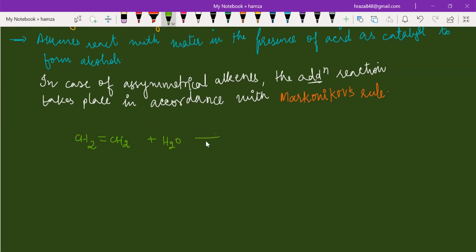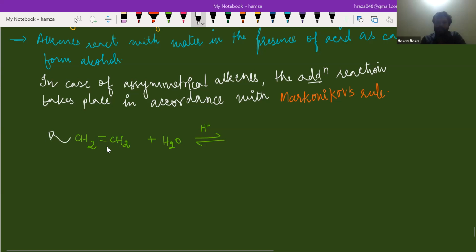What is the name of this alkene? This is an alkene, yes or no? Yes, sir. So can you tell me whether it is symmetrical or not? To find whether it is symmetrical, just break this bond, and you can see the left hand side is the same as the right hand side. That means it is symmetrical. Yes or no? So in the symmetrical case, how will the reaction take place? As you know, H2O has two parts, H plus and OH minus.